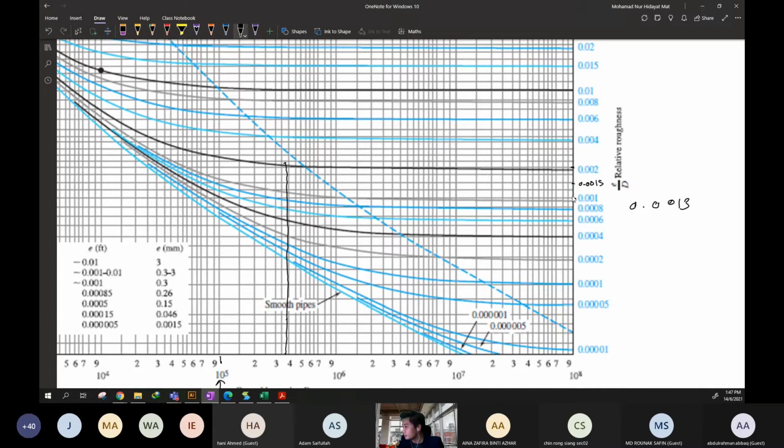Just follow this line. It is not straight, it is curved a little bit. Supposing this is the curve, this point is the intersection.